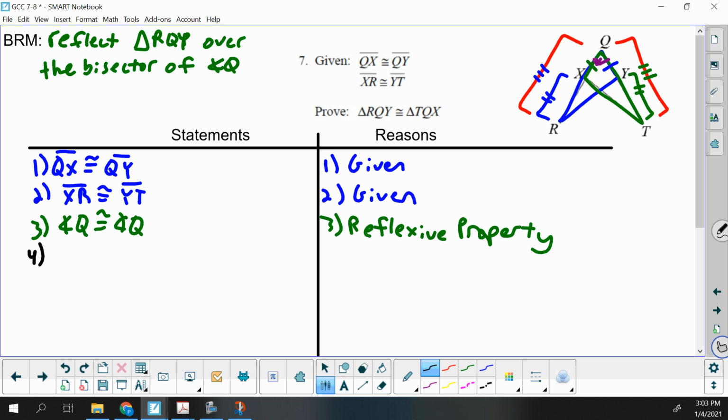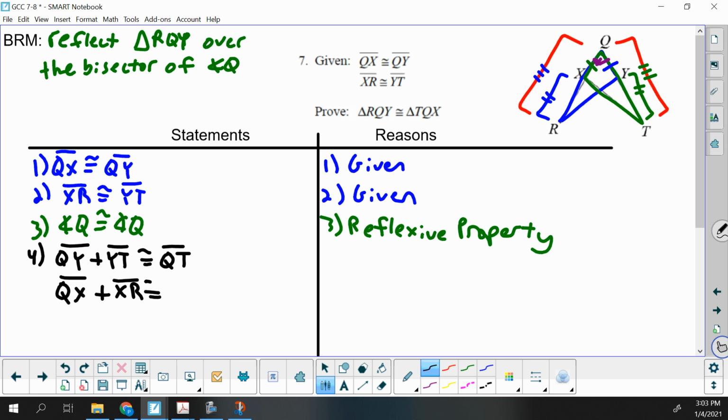So we'll start out, we'll take the QY plus the YT, and that's congruent when you add them together to QT. Going on the other side, we'll take the QX plus the XR.